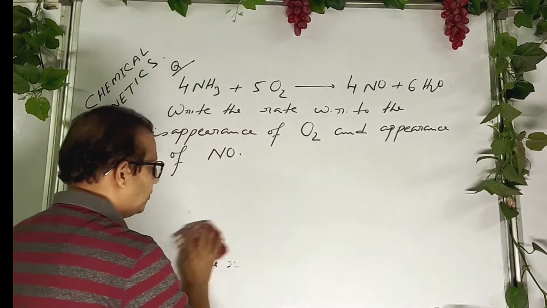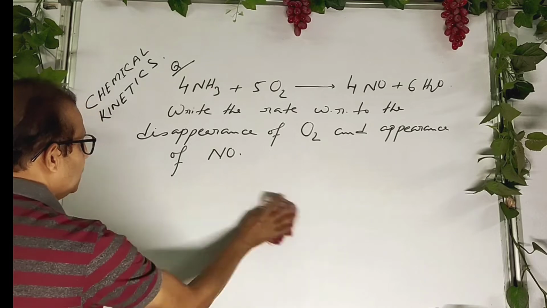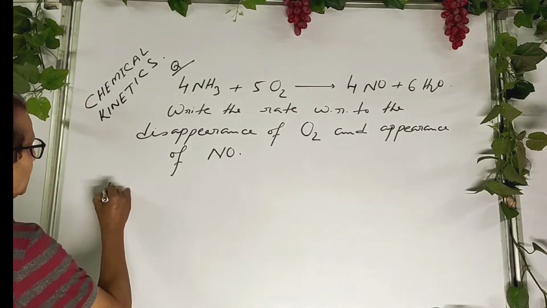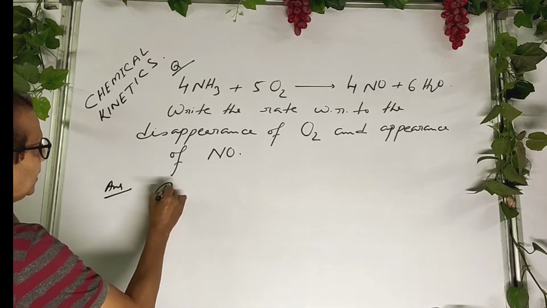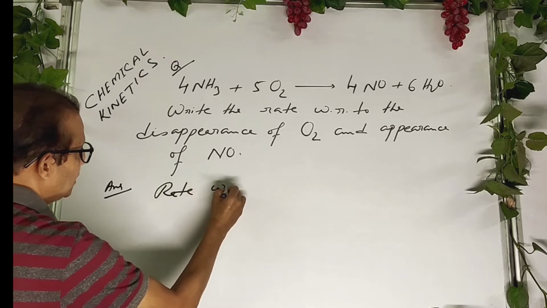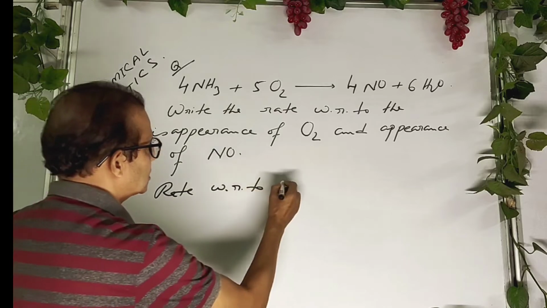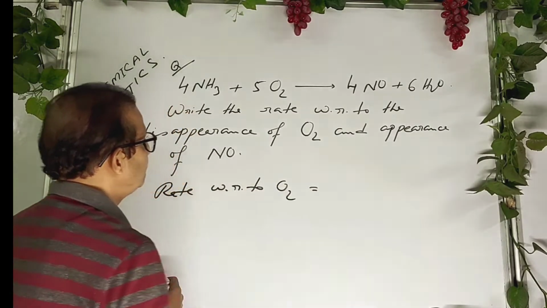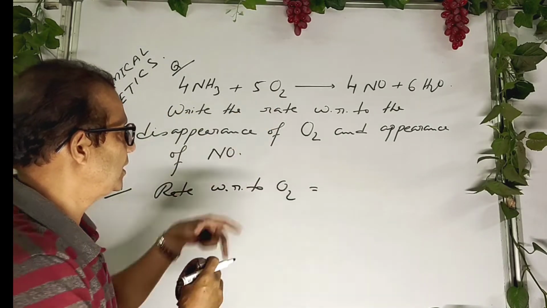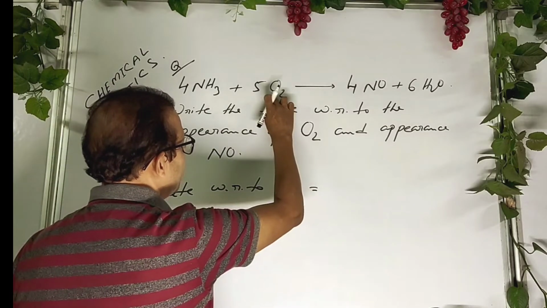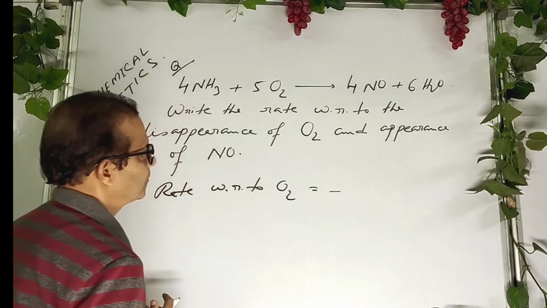This is a very important question for your board. Now answer is there, rate with respect to, say here oxygen is asked, equals to, you know that oxygen is reactant. Oxygen is reactant, so it has negative sign.